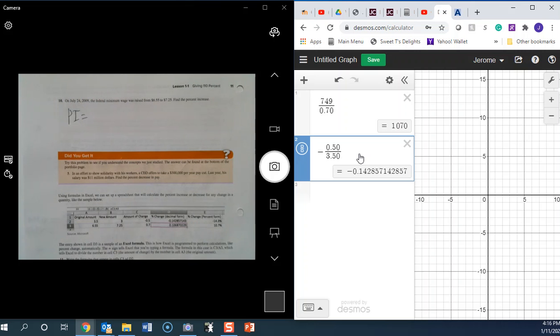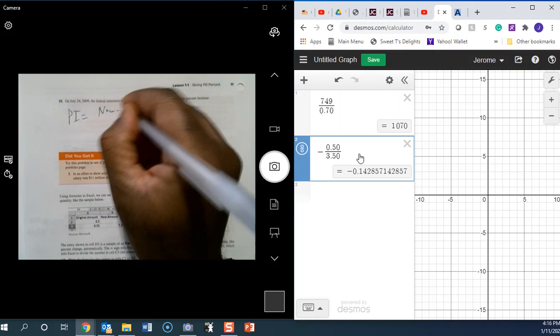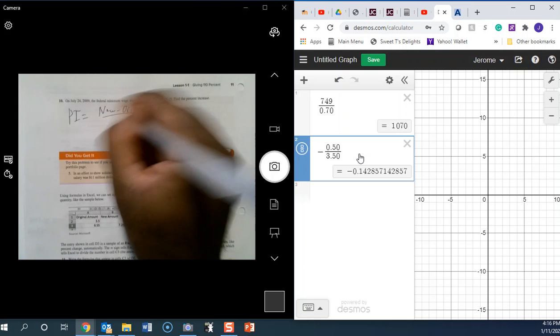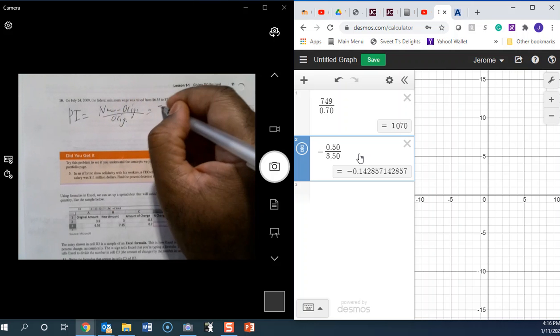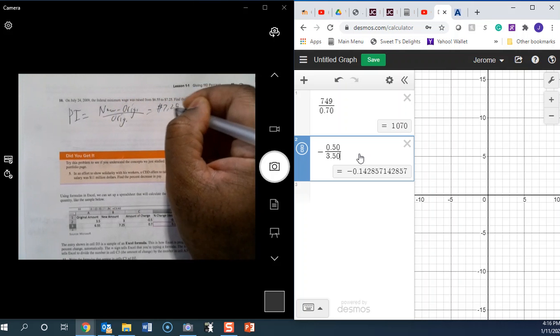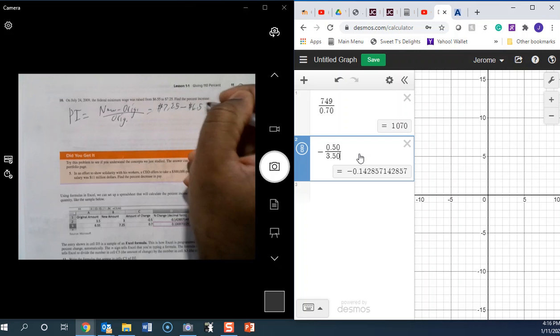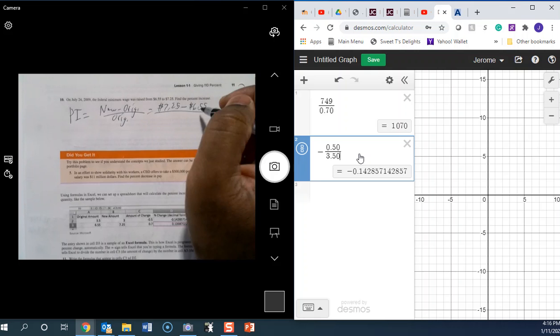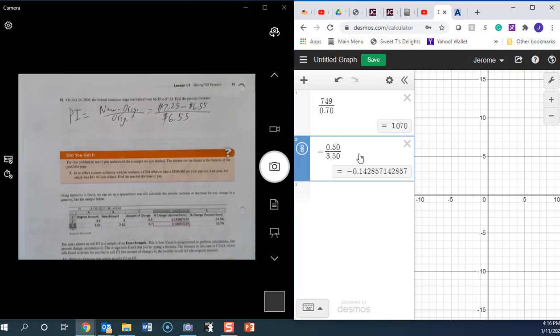So now we have percent increase is equal to the new minus the original, divided by the original. The new value will be that $7.25. The old value will be the $6.55, divided by the original value, which is $6.55.